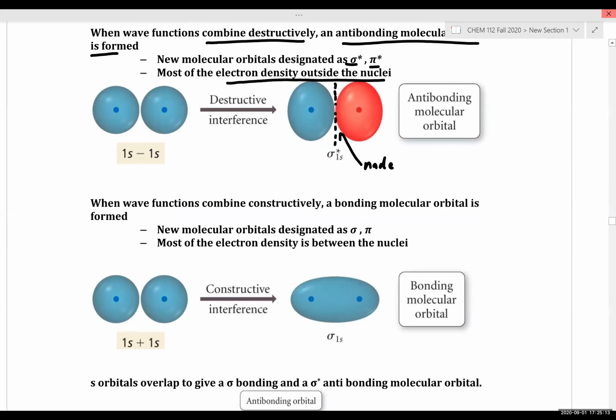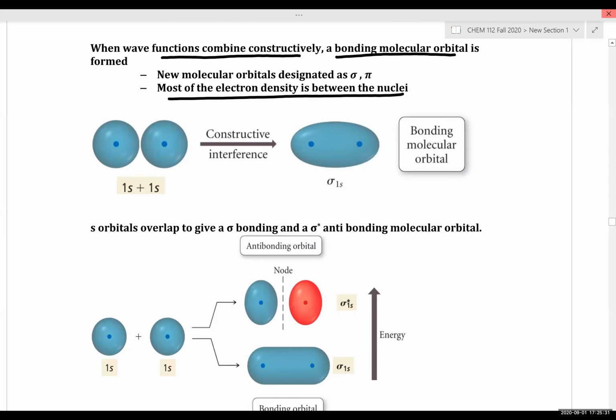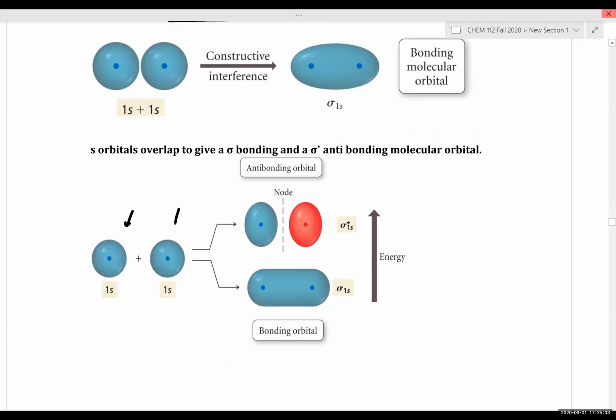Now, if we wanted to form bonding interactions, when wave functions combine constructively, we generate a bonding molecular orbital. In this case, most of the electron density is shared between our two nuclei. It's important to note that when we overlap two orbitals, we generate both a bonding and an anti-bonding orbital.